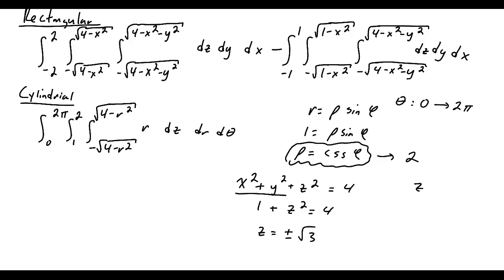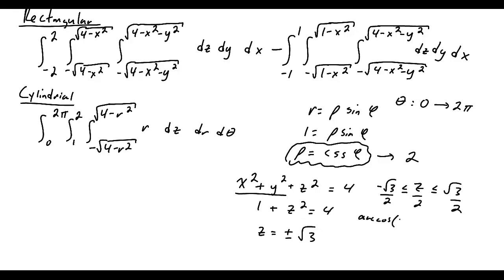Negative square root of 3 is less than or equal to z, is less than or equal to square root of 3. If I divide all sides here by 2, that's our upper bound on rho, and then take the arc cosine of all sides.